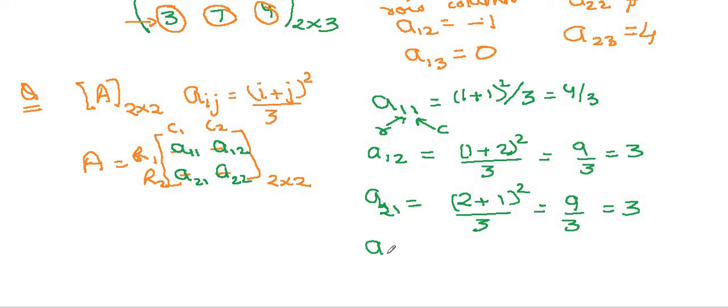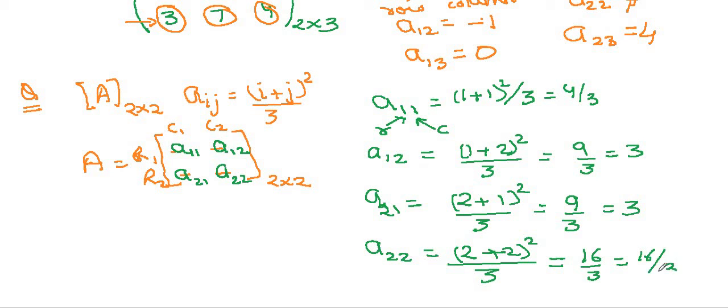And the fourth element is a22, which will be (2 plus 2) whole square upon 3, since i is 2 and j is also 2. It means 4 squared is 16 by 3, which is 16 by 3.